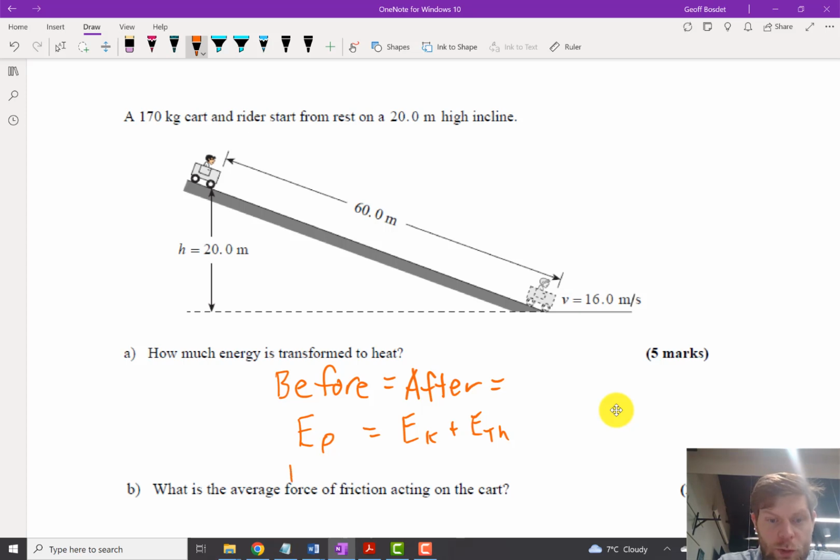So we've got 170 times 9.8 times 20 equals 1/2 times 170 times 16 squared, plus E thermal.